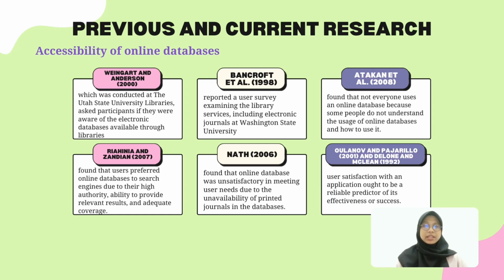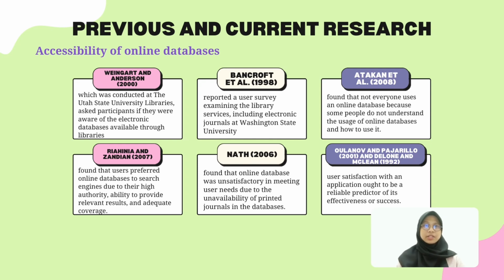And besides that, Nath in 2006 found that the online databases were unsatisfactory in meeting user needs due to the unavailability of printed journals in the database. This shows that the respondents or the users also consider the quality of online databases and the availability of information as a factor in using the databases.